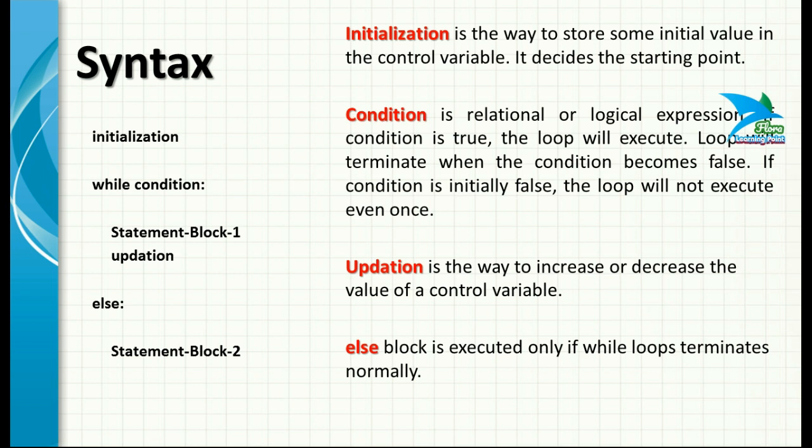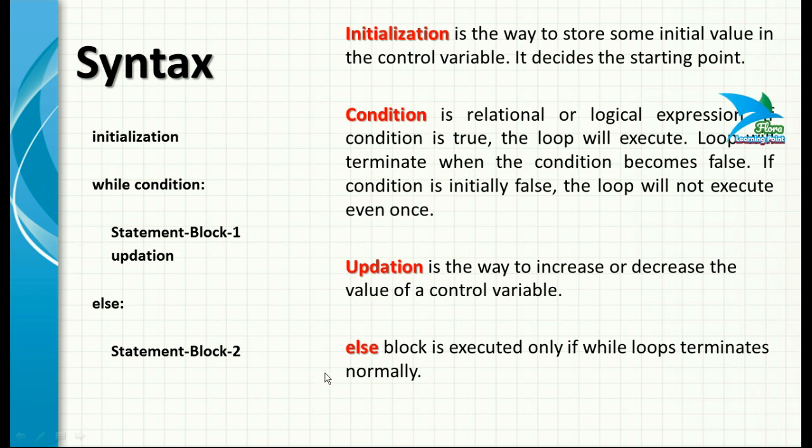In for loop we have a default increment of the loop variable by 1, but in while loop we have to define the updation statement manually, anywhere inside the body of the while loop. That may be the last line, the first line, or in between. You can define the updation statement anywhere inside the loop body.